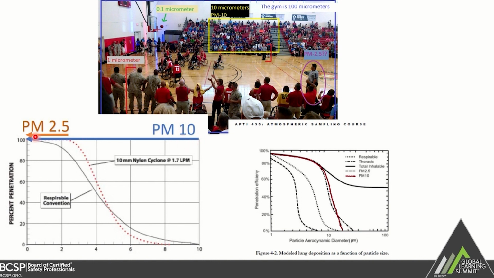What it boils down to here is you see here's the PM2.5 fraction, here's the PM10, and your respirable convention. It's kind of wacky, it's actually a PM4, but as you go up in particle size, it sees less and less percentage of those bigger particles, and as you get smaller, you get to see more and more of those particles.